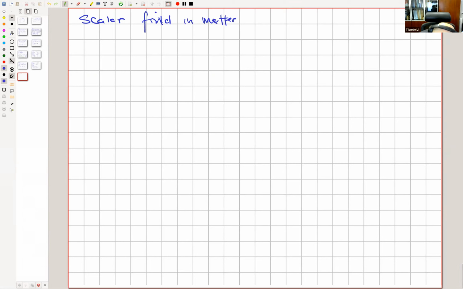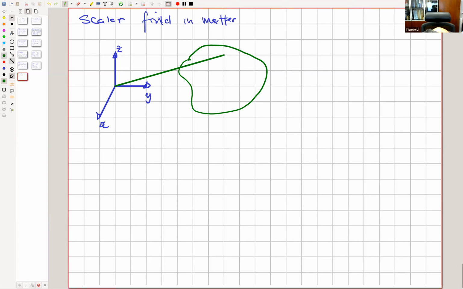We're going to set up a coordinate system. Let's do something like this. Let's call this X, Y, and Z. And now I've got some material, and I am considering a particular point here. Typically, for the material inside, we call this R prime.